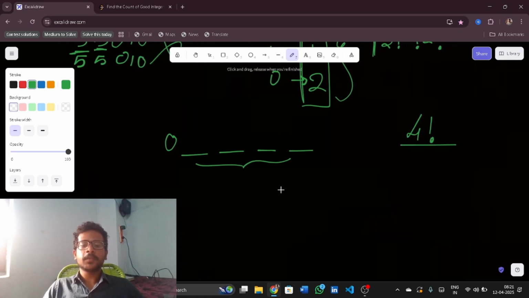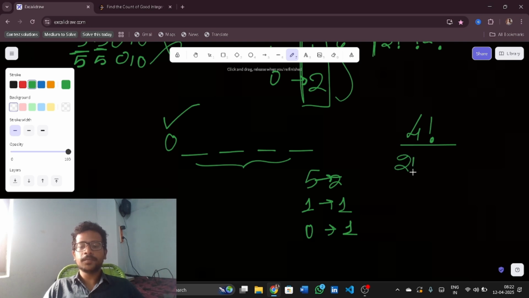Now I have 5 for 2 times and 1 for just 1 time, and here one 0 is already taken. Then how many zeros am I left with? Just 1. So 2 factorial into 1 factorial into 1 factorial.